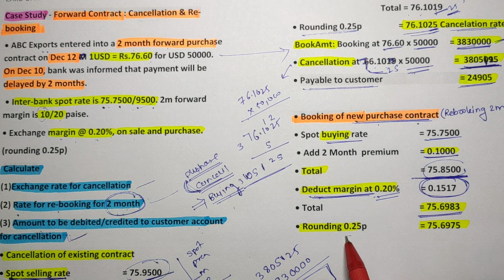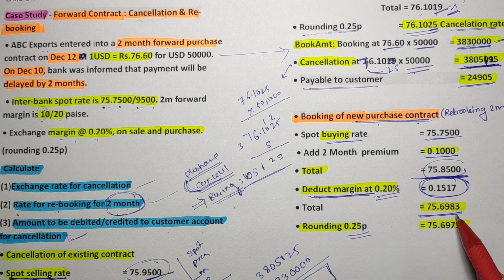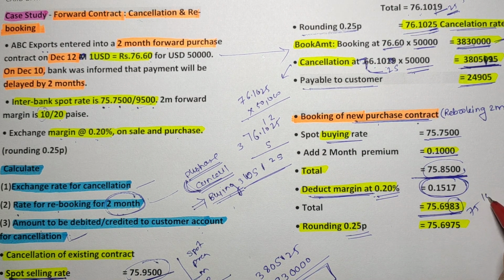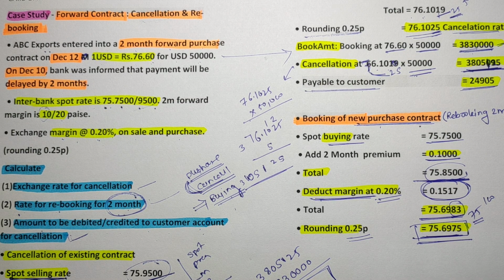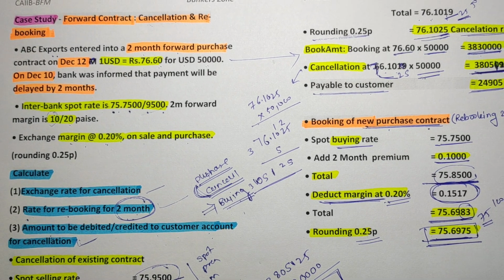When you do the rounding, after the decimal point, the third and fourth digit, 83 is nearest to which value, 75 or 100? It is nearest to 75, so you just replace that value by 75. So the final rate for the rebooking, that is a purchase, will be 75.6975. So in this fashion you can solve the numericals.